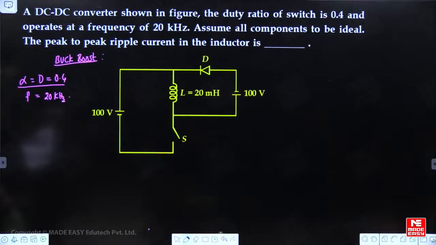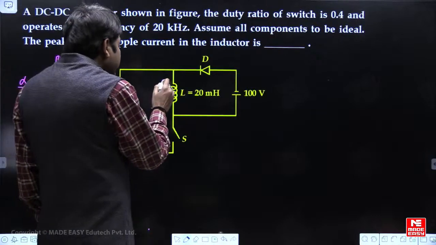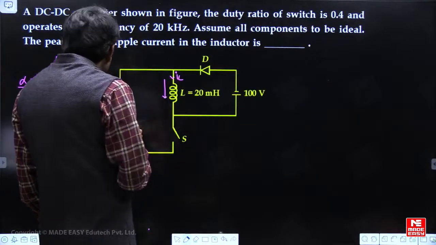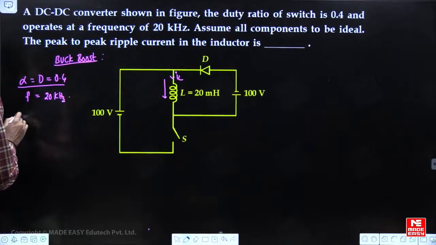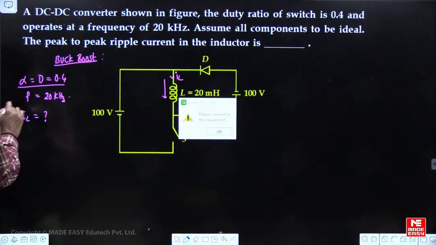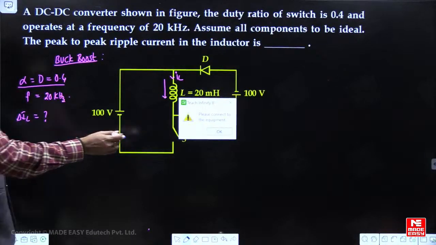So here, current is passing through the inductor. Let this current be IL. So we have to find out the peak to peak ripple in the inductive current. Yes, dear students, all of you try this one.